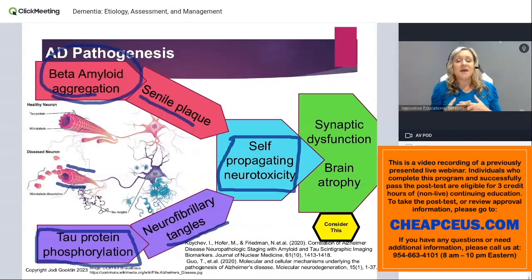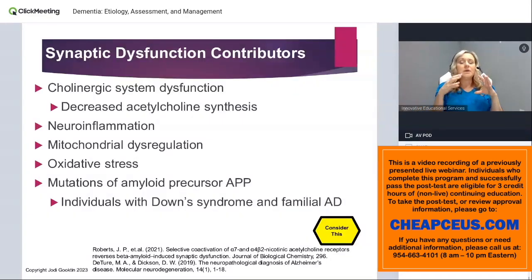Particularly, we're seeing that this neurotoxicity and damage and dysfunction and deterioration of these neurons is particularly happening in the hippocampus, that is really playing a role in encoding memories for the individual, and in other areas of the cortex that's involved in more complex thinking and decision making. And ultimately, it leads to that brain atrophy and dysfunction for the individual. That's mainly what they see is happening with Alzheimer's disease.